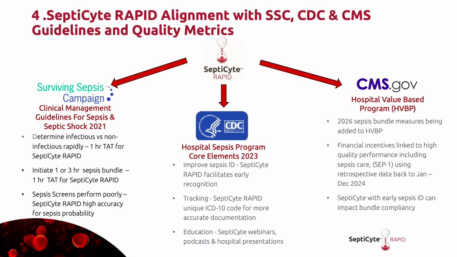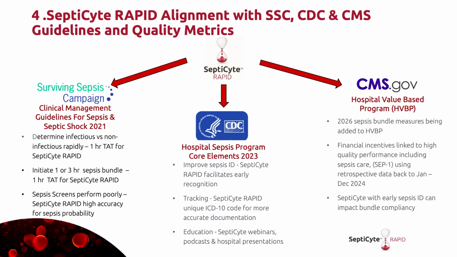Recently, in November of 2021, they published their latest management guidelines, and we see Septicyte Rapid aligning with these guidelines from the standpoint of they recommend determining whether this is infectious or non-infectious systemic infection, and Septicyte Rapid does exactly that with a 1-hour turnaround time, helps in that diagnosis process, and helps initiate the 3-hour bundle and confirm the 1-hour bundle recommended for the management of sepsis.